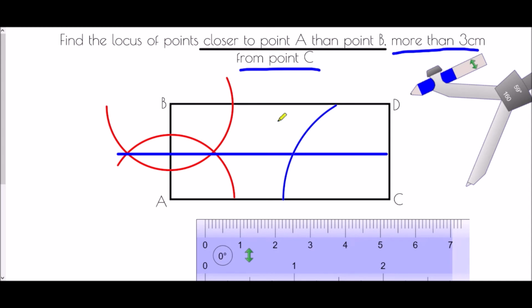So we're only dealing with this section on this side of the blue arc, but we also want the points closer to A than to B. And so now we don't want anything above the perpendicular bisector. The only sections we actually want are these ones here. And so this is the locus of points that meet both criteria. We've shaded the area we wanted.